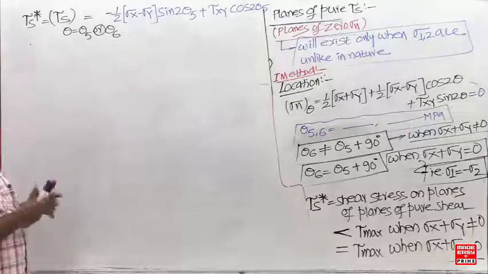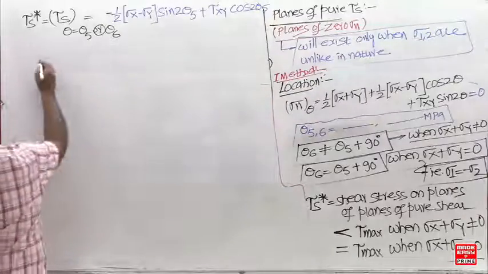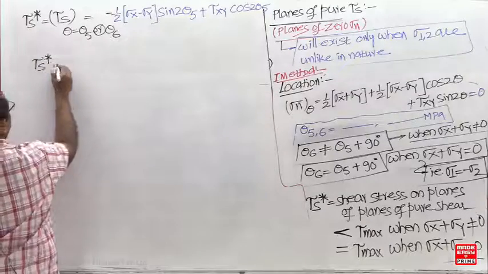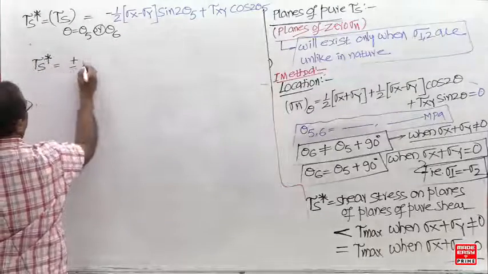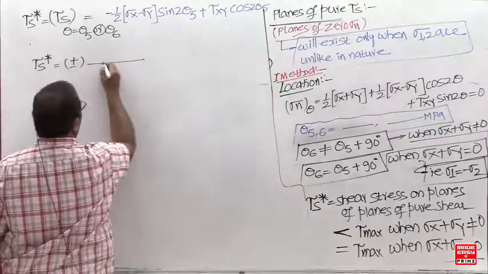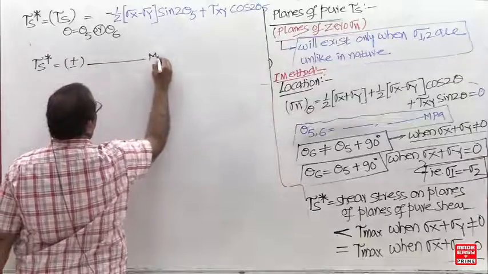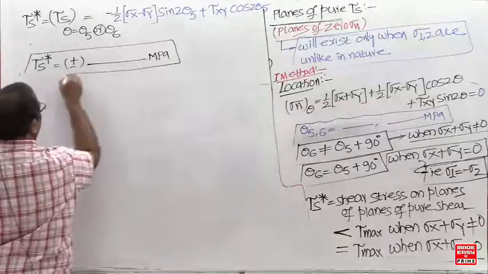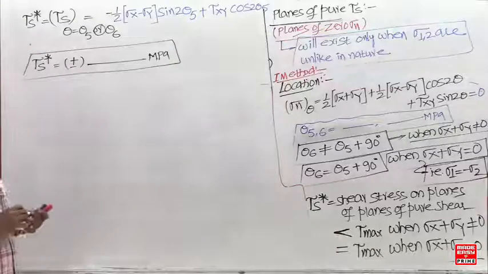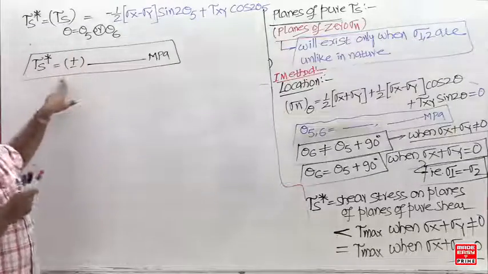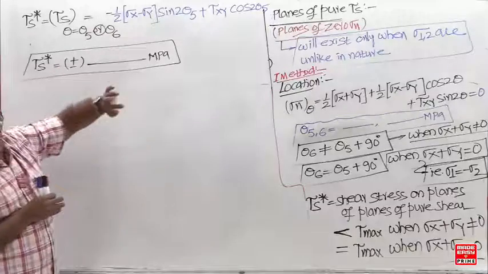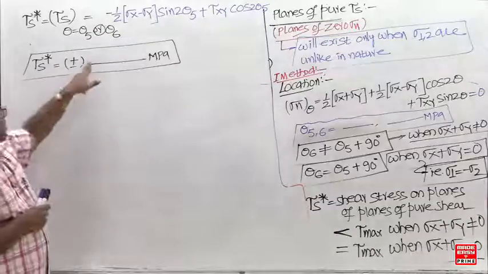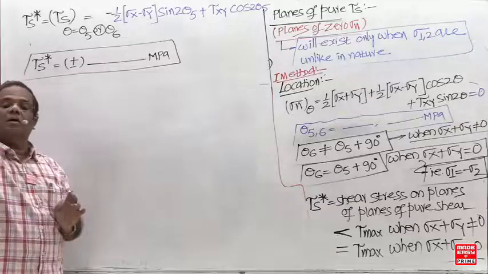Either you can substitute theta 5 or theta 6, any one. The same notation I am going to use when we go for the Mohr circle also. You can see that whether you substitute theta 5 or theta 6, you will get the same value but unlike in nature.